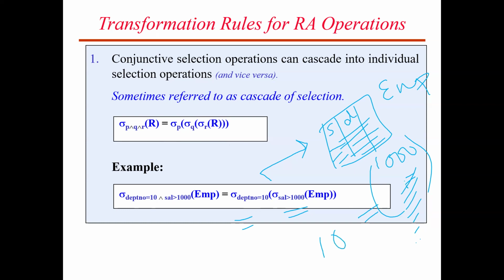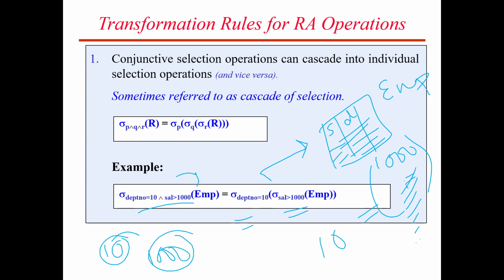It is the same as saying it the opposite way: select first all those whose department is 10, then select the rows whose salary is greater than 1000 out of this.